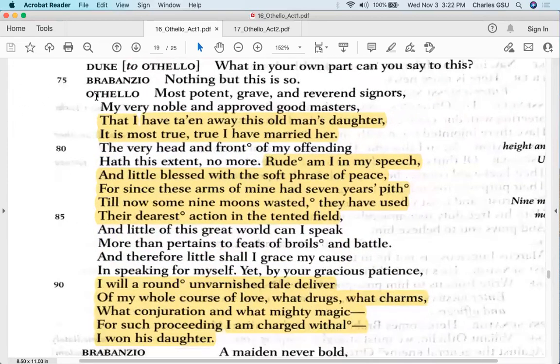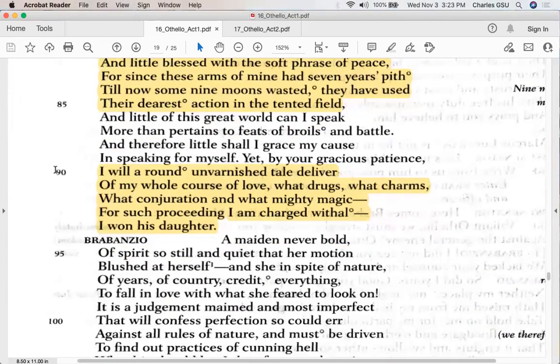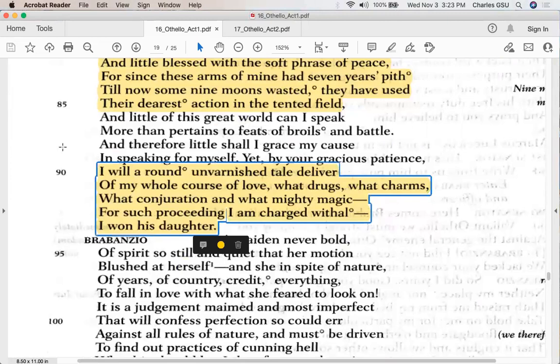And then in this very famous speech by Othello, he admits, yes, I've taken her daughter, I married her, right? But he will say, I haven't used any drugs on her. In fact, the only thing I've used is, you might call it my charm, my stories of me.